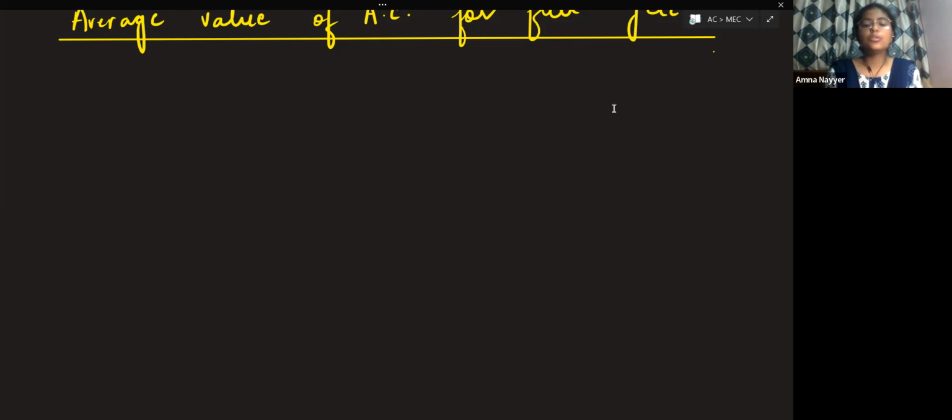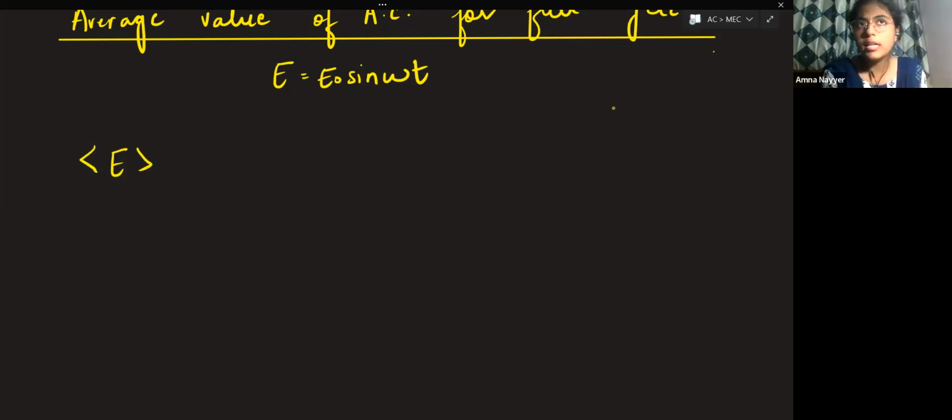Now you know the equation that I have told you: E is equal to E naught sine omega t. From here, peak value is E naught, E is the instantaneous value. This is the EMF value that you have been solving; the additional component sine omega t makes the whole component the instantaneous EMF. Now we are finding the average EMF. Because at a specific value of omega t, sine omega t will change, so E will have a certain value.